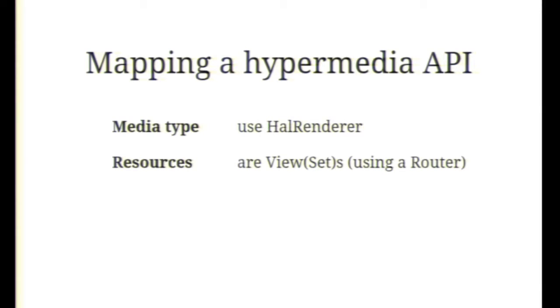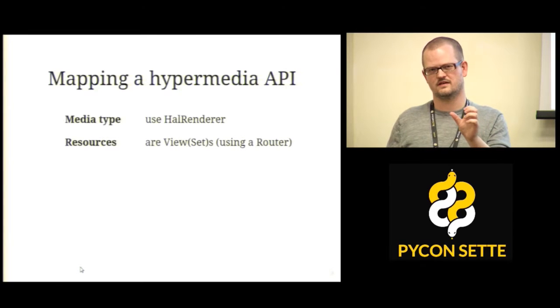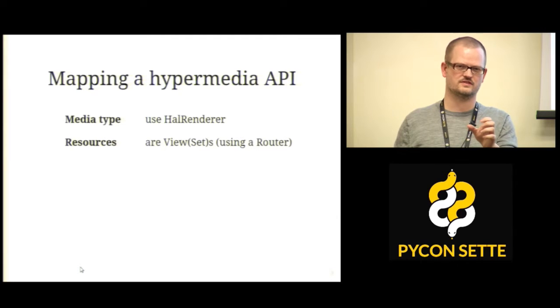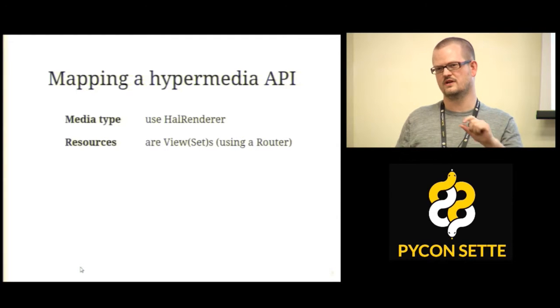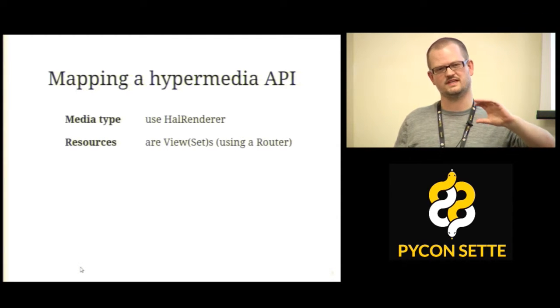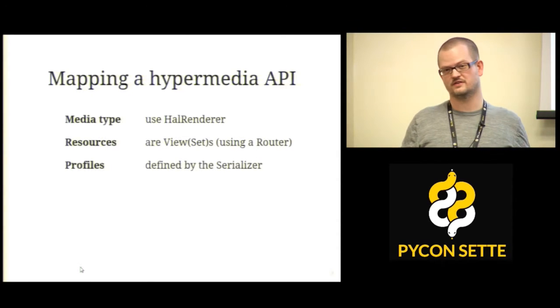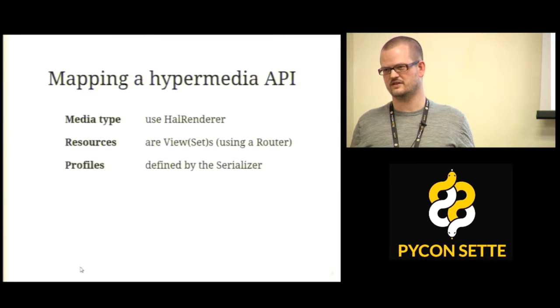How do you define resources? Well, you use the views that REST framework gives you. And actually, django-rest-framework has a nice concept of view sets and routers that make it very easy to implement basically a set of views at once. Then profiles are defined by the serializer.